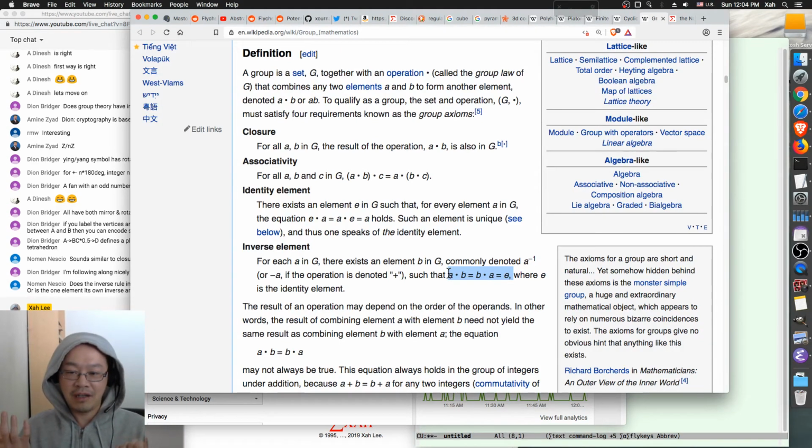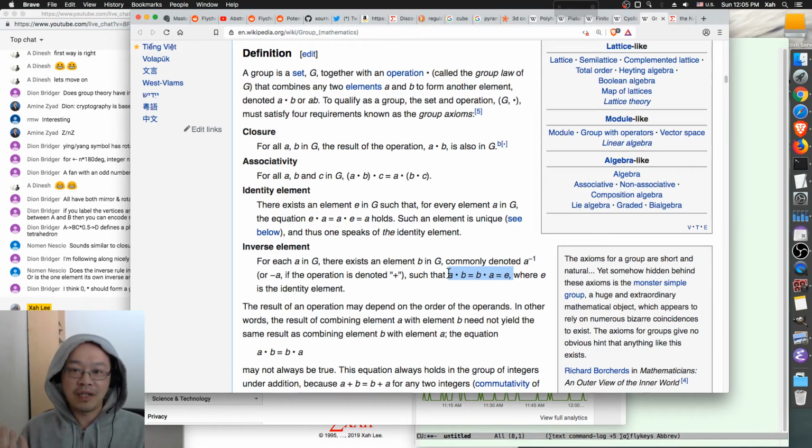So we call this the inverse element. For any element in a group, there exists another element that is the inverse of that element, meaning that when you apply the operation to them together, the result is the identity element. It's similar, with regards to arithmetic, to negative and positive numbers with respect to addition. The identity element is 0. With respect to multiplication, the inverse is a fraction.